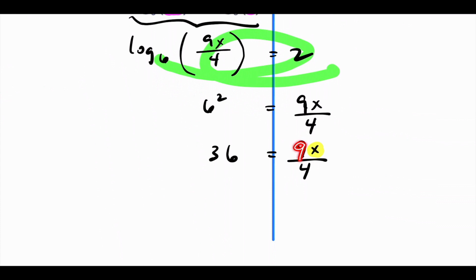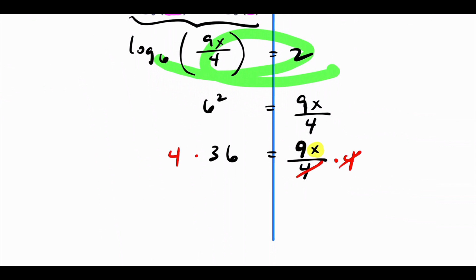Well, what is 9 doing with x? Multiplying, right? And then this means dividing the whole thing by 4, right? Let's just do the opposite. What's the opposite of dividing the whole thing by 4? Multiplying the whole thing by 4, yeah.